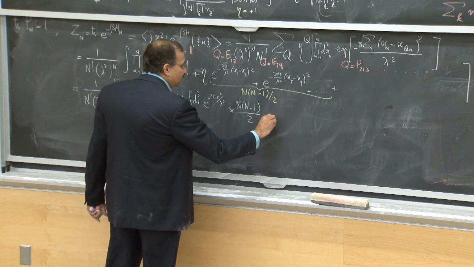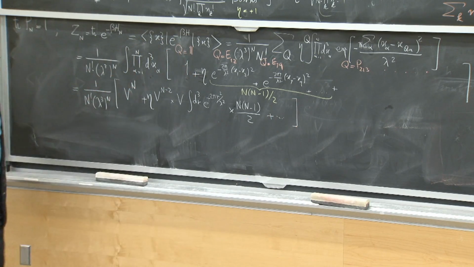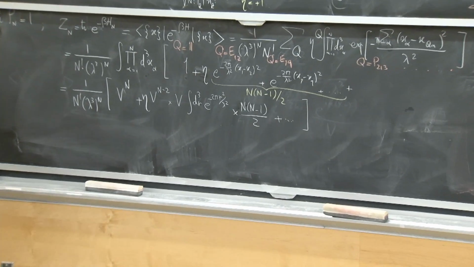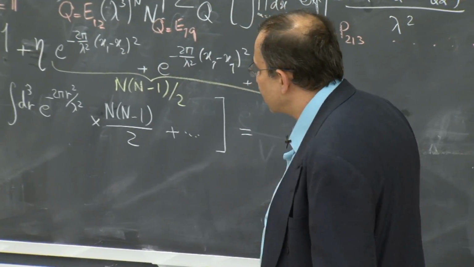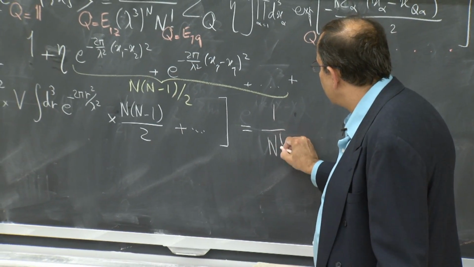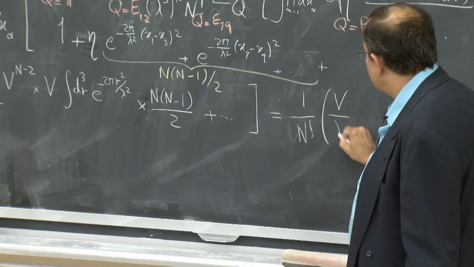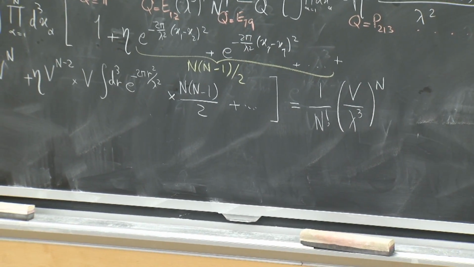And then there would be the contribution from three-body exchange and so forth. Okay? So let's reorganize this. I can pull out the factor of V to the n outside. So I would have V over lambda cubed to the power of n.